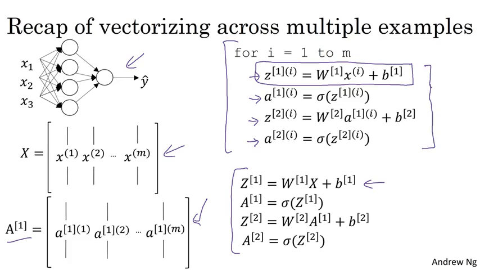And just as a reminder, because X is also equal to A0, you remember that the input feature vector x was equal to a0. So x(i) equals a0(i). Then there's actually a certain symmetry to these equations, where this first equation can also be written Z1 equals W1 A0 plus b1.